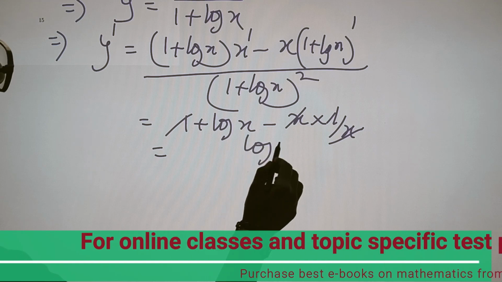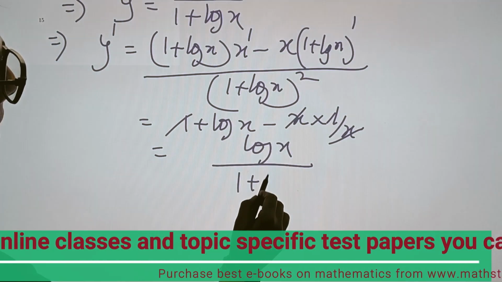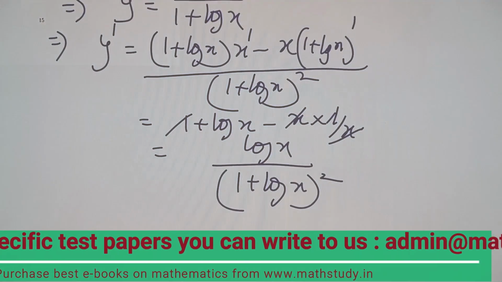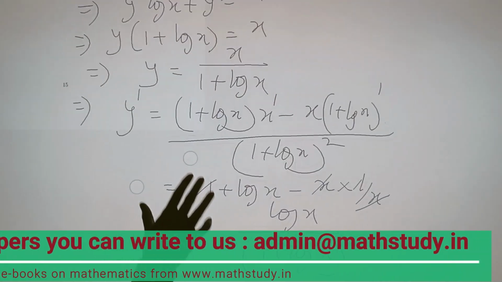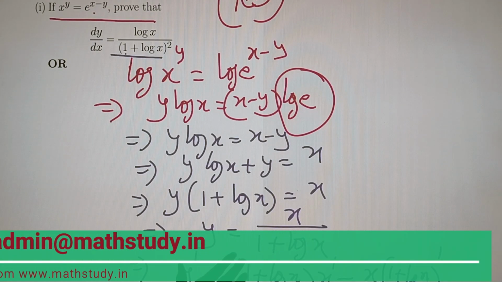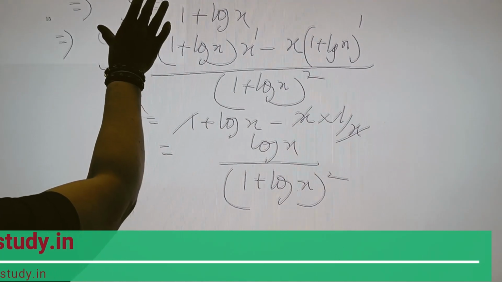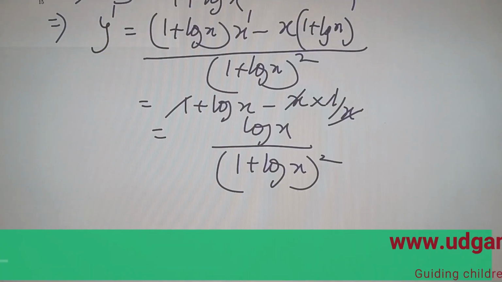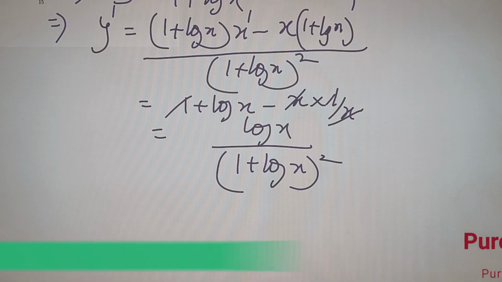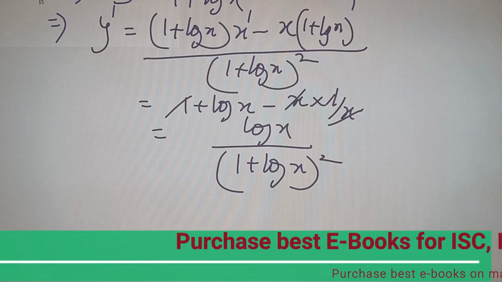We will get log x upon 1 plus log x whole square. And what we need to prove is log x upon 1 plus log x whole square, and we are getting the same result here. So I think the concept is clear here. This was a very interesting question and a little bit tricky one as well.